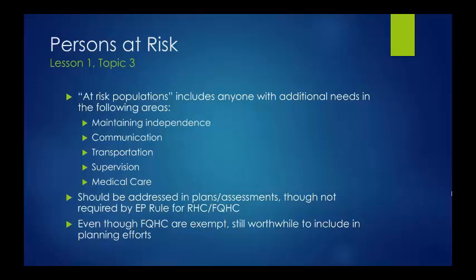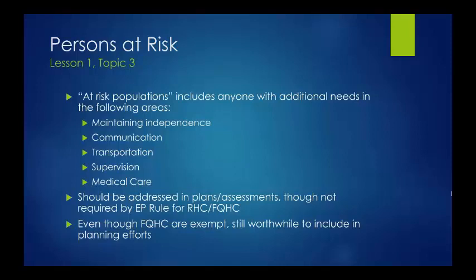Now, many of you may actually have a patient population that have any one of these issues qualifying them as an at-risk population. Are they able to maintain independence? Communication. And communication is also language barriers, folks. So you may have folks that speak another language that you may need to accommodate in your facility.